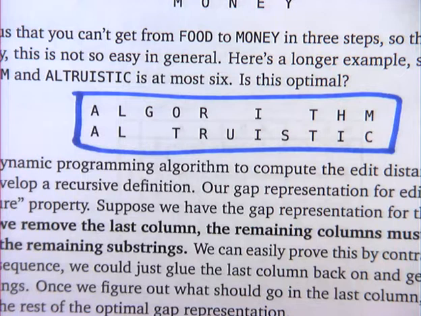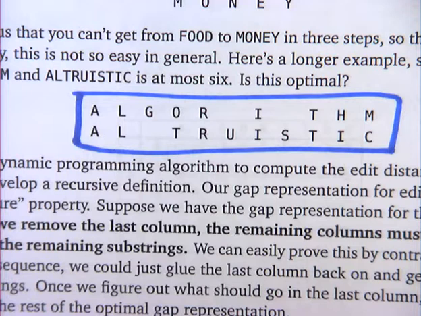So in this particular case, what this box represents is the statement, I can transform algorithm into altruistic by deleting the G, changing the O into a T, inserting a U, inserting an S, changing the H to an I, and changing an M to a C. So altogether, I can do 6 editing operations to change the first string into the second.